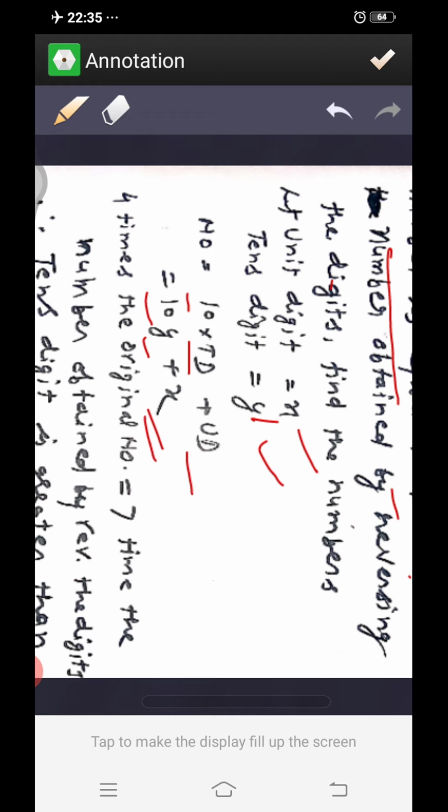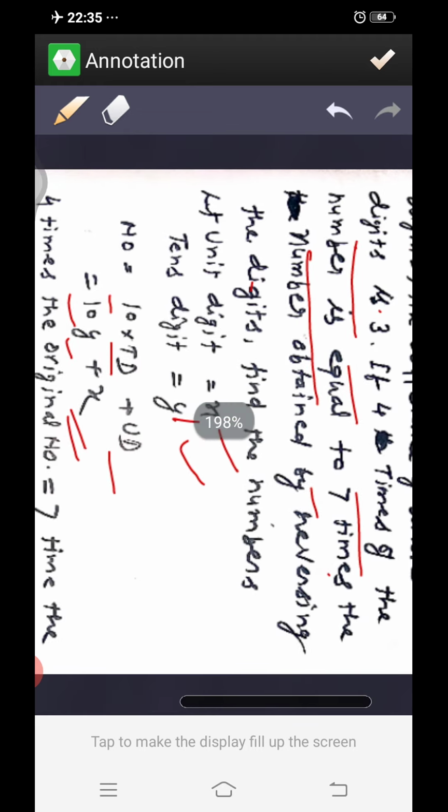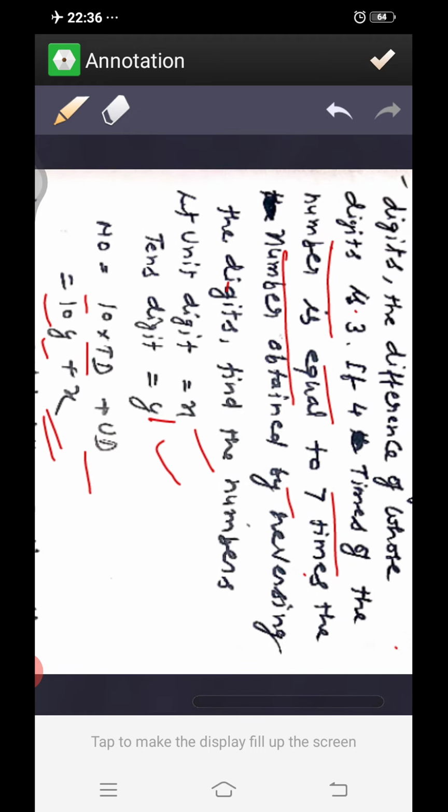Now the first condition is the difference of whose digits is 3. Now we don't know which digit is greater. So let us first find whether the unit digit is greater or the tens digit is greater. So see the second condition. 4 times the number is equal to 7 times the number obtained by reversing the digits. 4 times the number, that is, the original number is multiplied by 4.